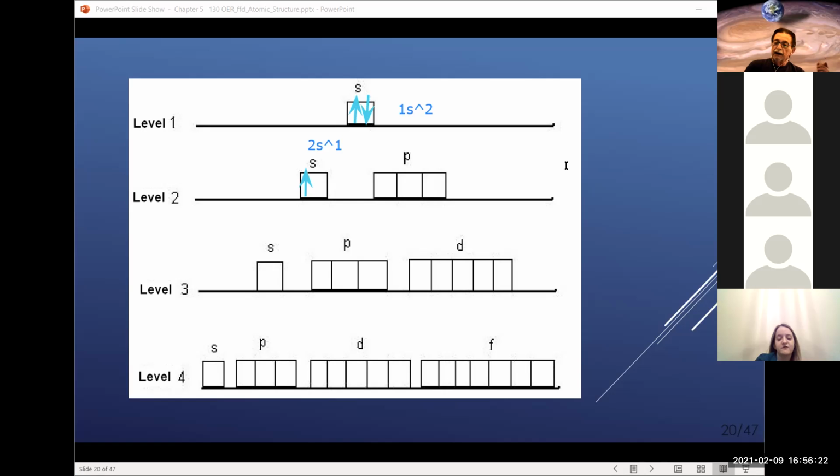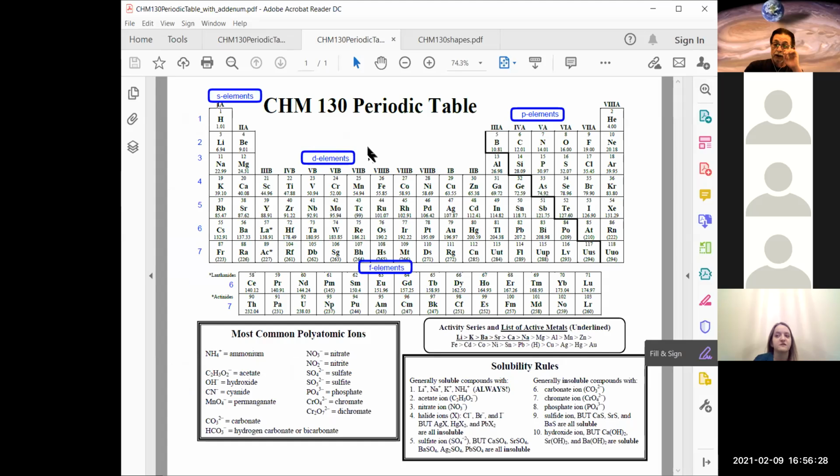Now, here's the other thing about these groups. Everybody in these groups, the A elements, 1A, Roman numeral 1A, 2A, across to 8A, they have something very important in common.